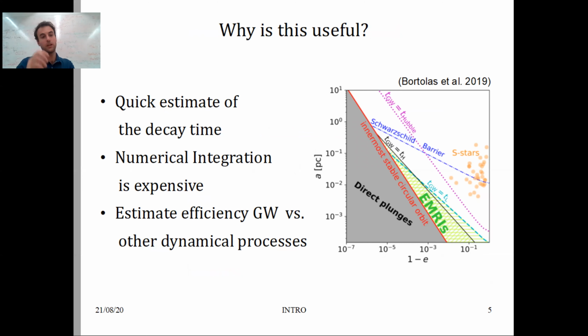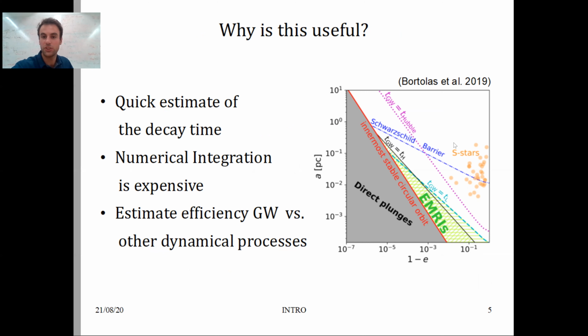Also, it's used extremely often to estimate the efficiency of this GW, gravitational wave induced decay of the binary versus other dynamical processes, for example, three-body interactions or dynamical relaxation.